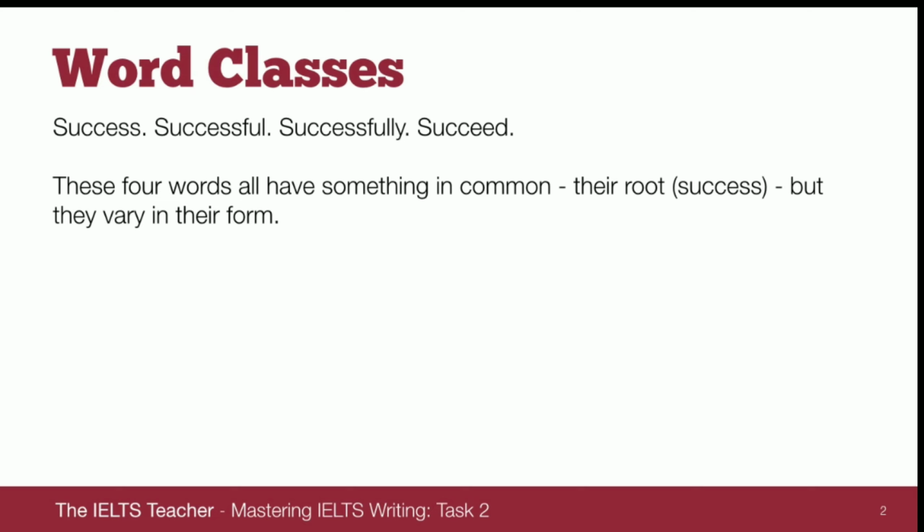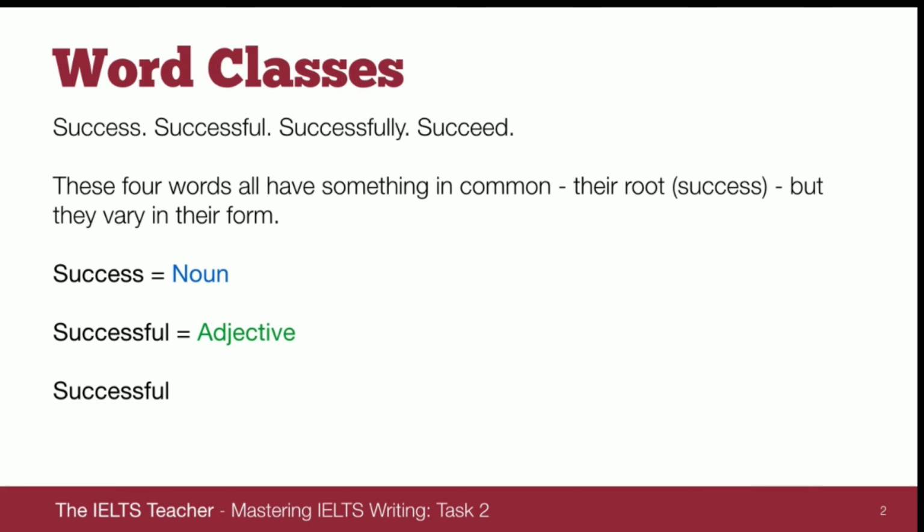So each of these words is a different class of word. Which one is which? Well, we have success, which is a noun. We have successful, which is an adjective. We have successfully, which is an adverb, and we have succeed, which is the verb.